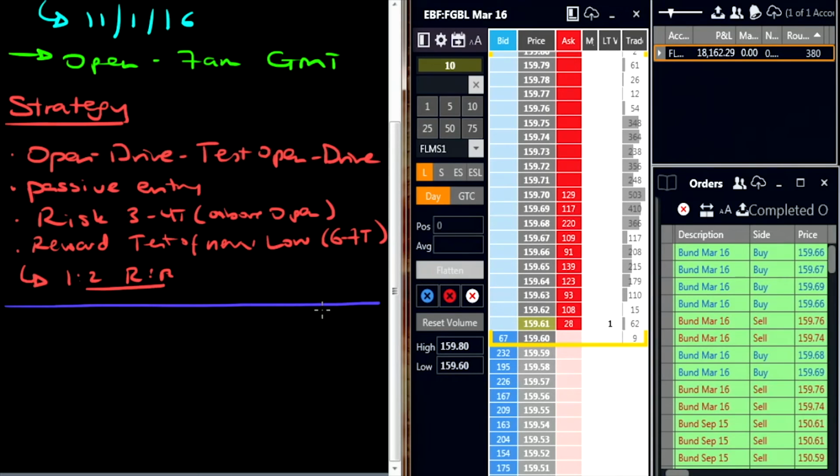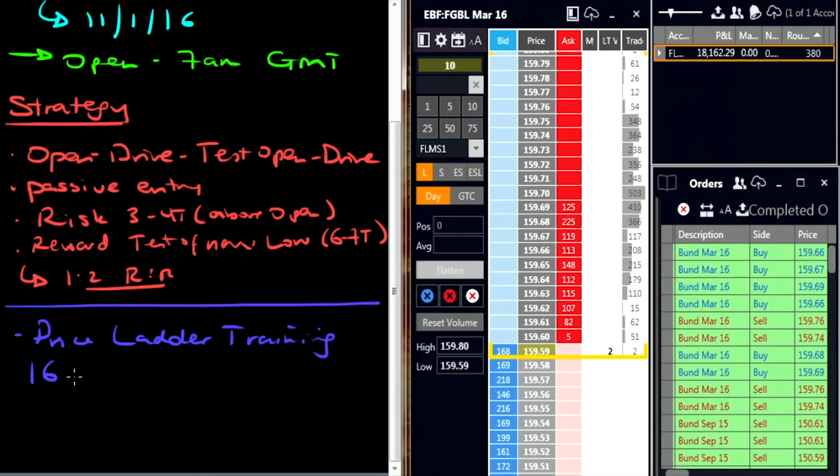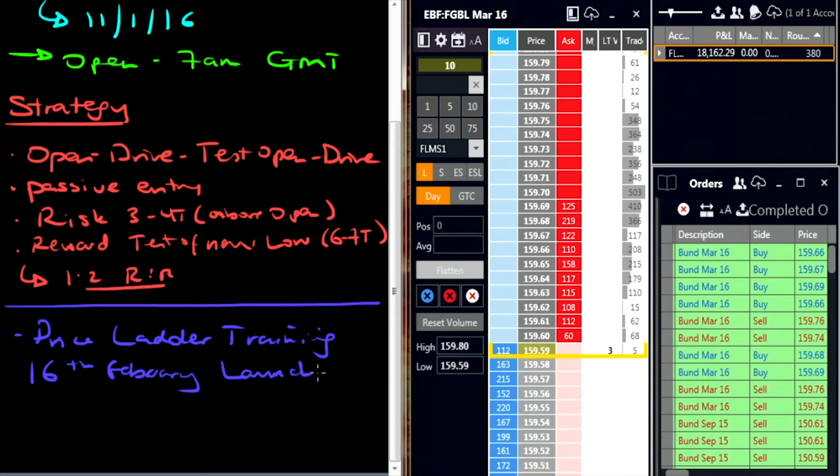The announcement is effectively that we're launching the price ladder training program next week on the 16th, the 16th of February. We're going to have the launch event, so stay tuned for more details on that.